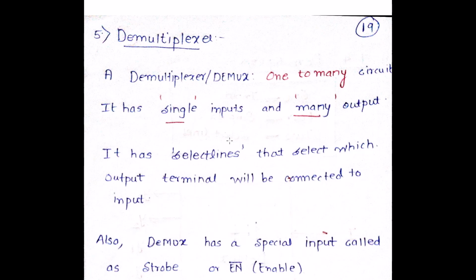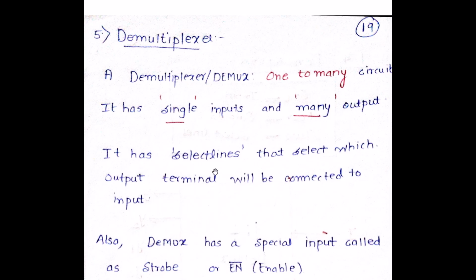So beginning with the topic demultiplexer. What is a demultiplexer? As I told you, a demultiplexer is nothing else than the opposite of your multiplexer. As you have multiplexer or mux, we have demultiplexer or demux, which is a one-to-many circuit. In case of my multiplexer, there were many inputs and a single output. But in case of my demultiplexer, there is a single input and many outputs. How is this single input connected to a particular output? That is based on the select lines.